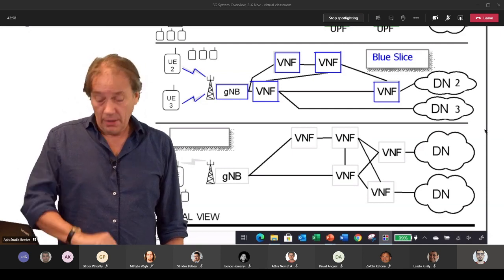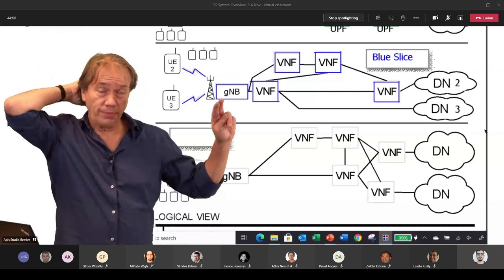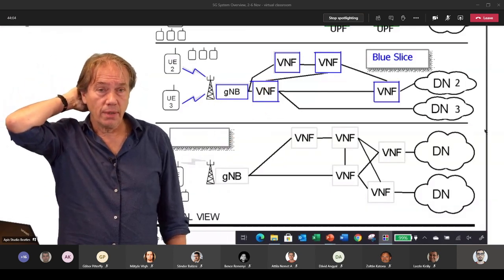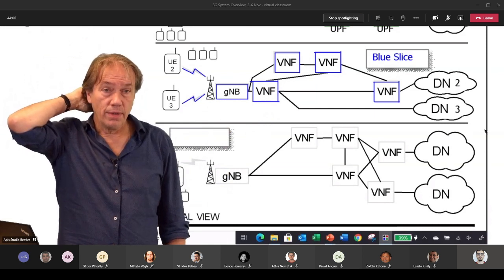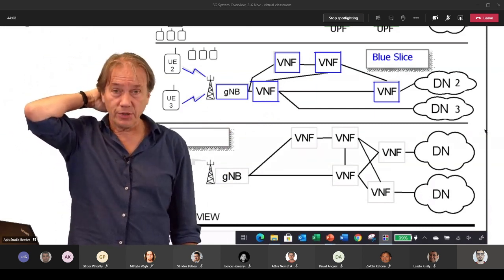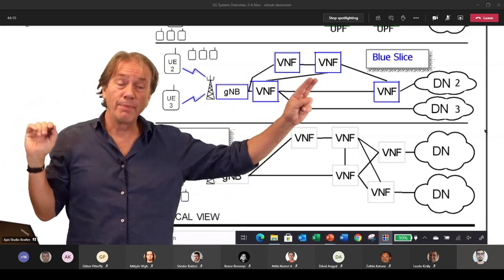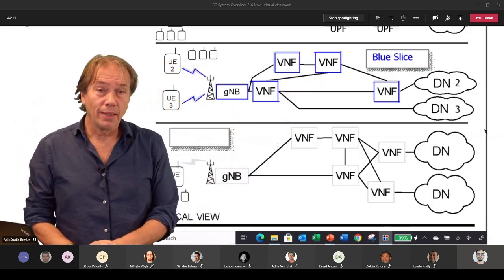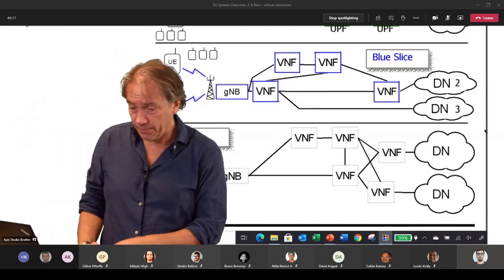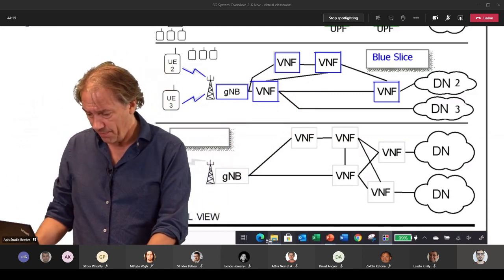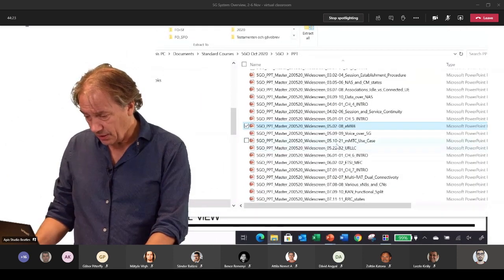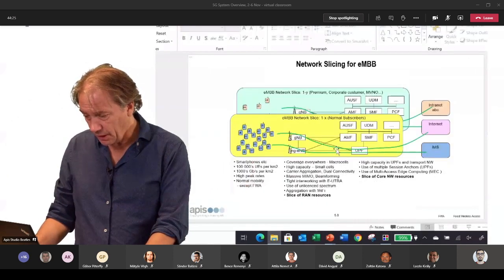All right. Before we have a break, let's just talk about the URLLC use case. Maybe this blue slice is for ultra reliable and low latency communication. So let's see what that is about.